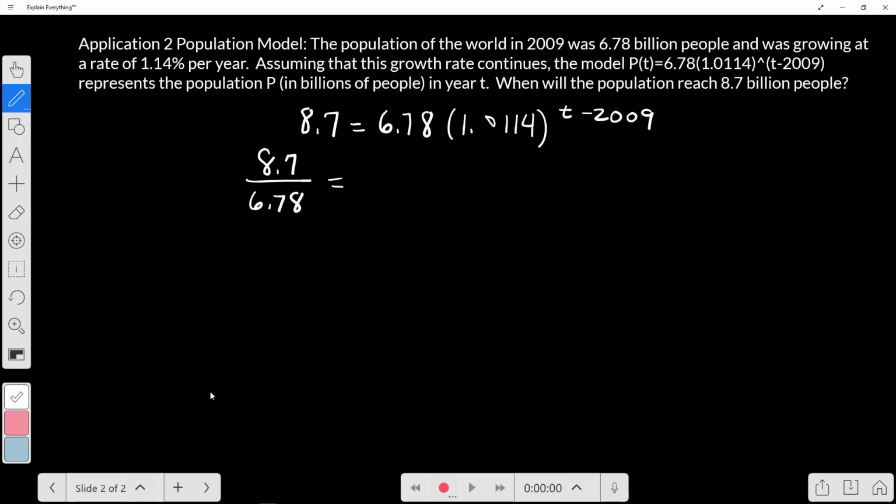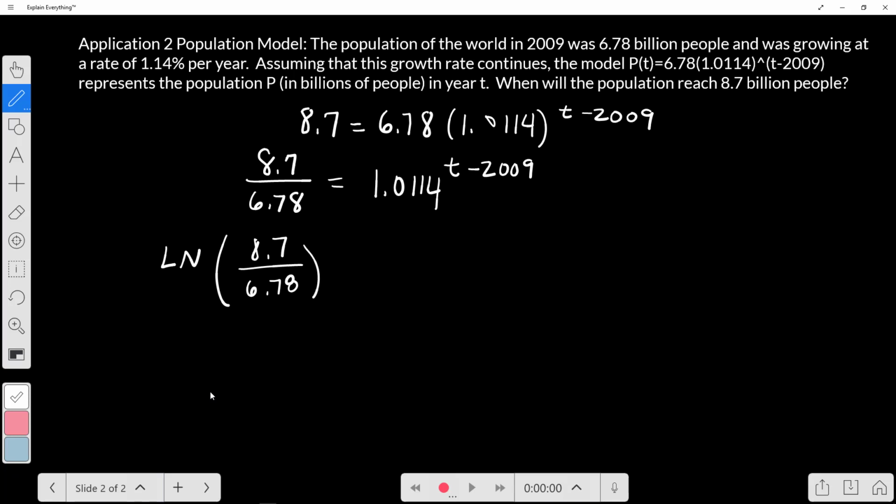So that leaves me with 8.7 over 6.78 equals 1.0114 to the t minus 2009. All of this is in the exponent. I'm going to ln both sides. So ln of 8.7 over 6.78.